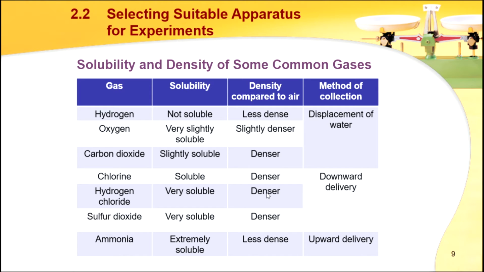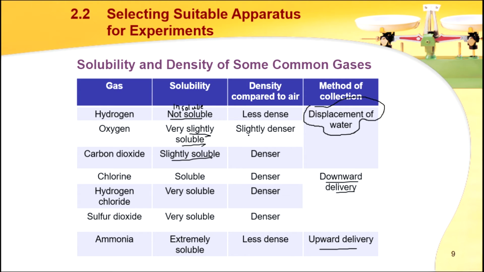There are 3 methods for collecting gas. The first method is known as the displacement of water. The second method is by using the delivery tube, which can be downward delivery or upward delivery. We can use the displacement of water if the gas is insoluble or slightly soluble.